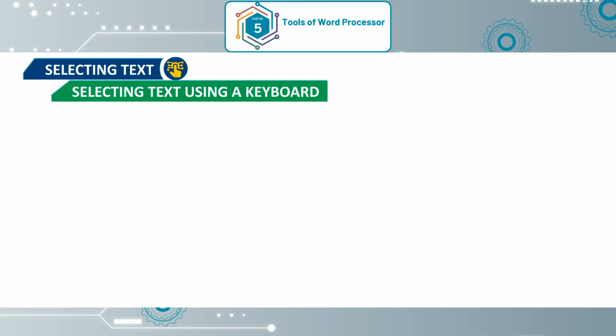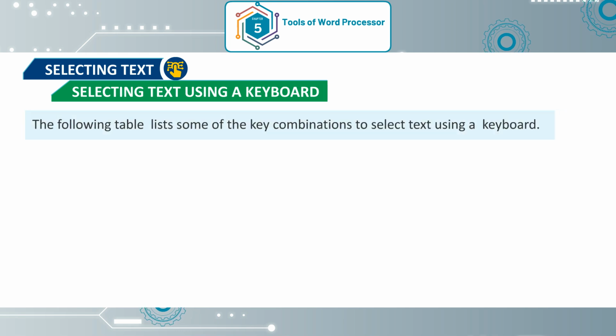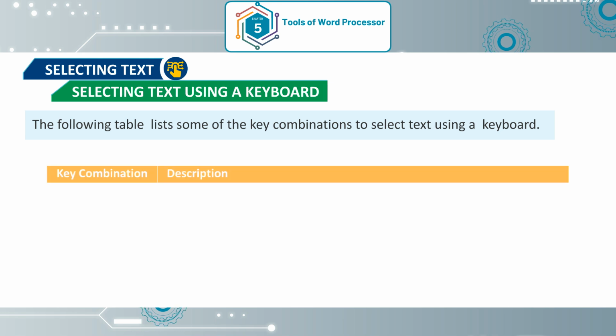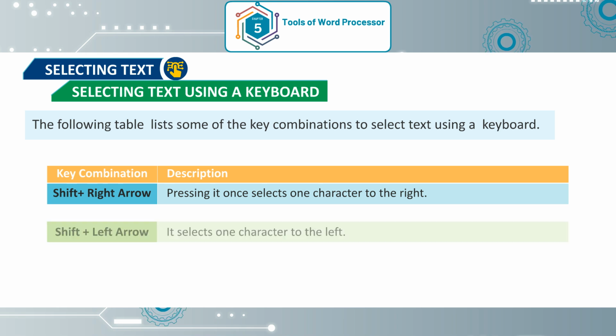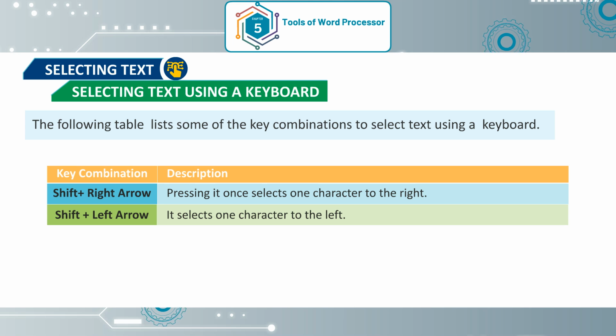Selecting text using a keyboard. The following table lists some of the key combinations to select text using a keyboard. Shift plus Right arrow: pressing it once selects one character to the right. Shift plus Left arrow: it selects one character to the left.